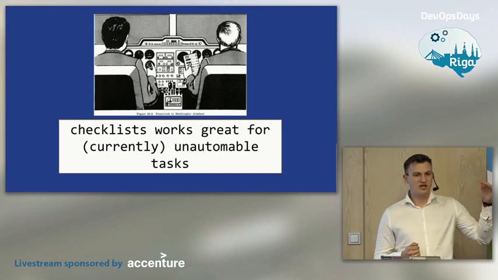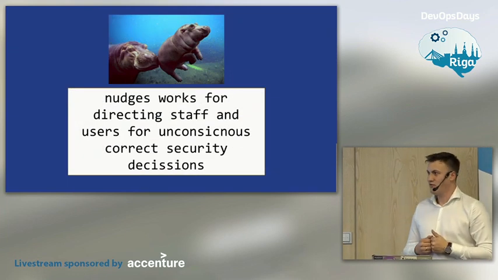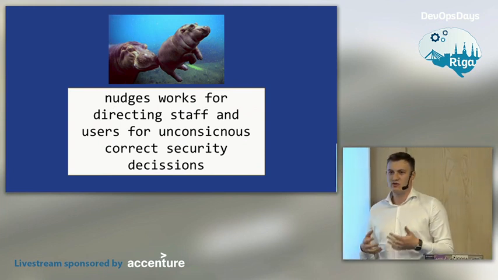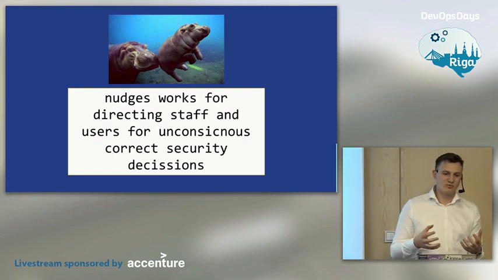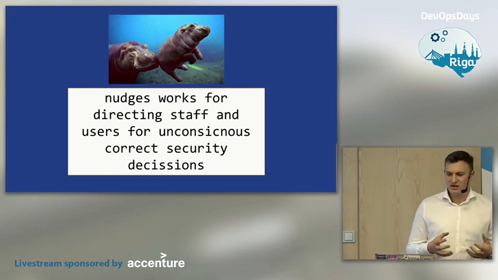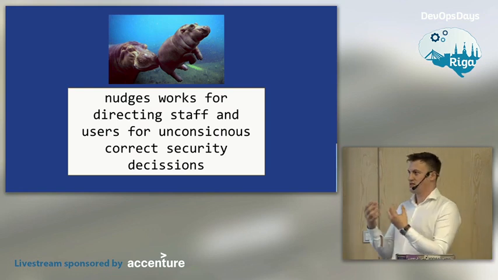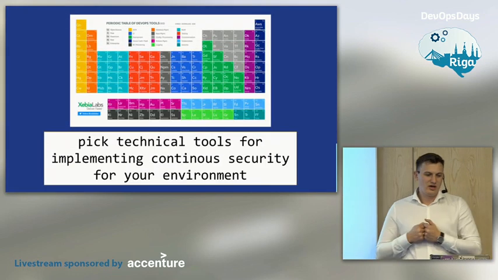You can go through each checklist. And for end users and clients, you can use nudges. You can architect their decisions. For example, password complexity requirements and password ageing are nudges so that they don't have to think anymore.